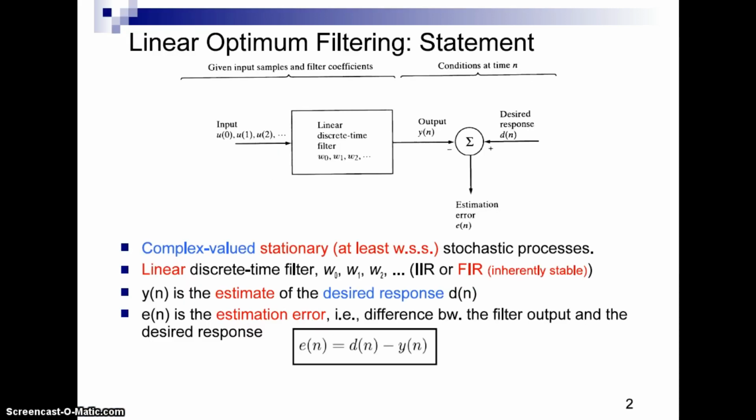First, we'll start with linear optimum filtering, the problem statement. In this chapter, we study a class of linear optimum discrete-time filters known collectively as Wiener filters.